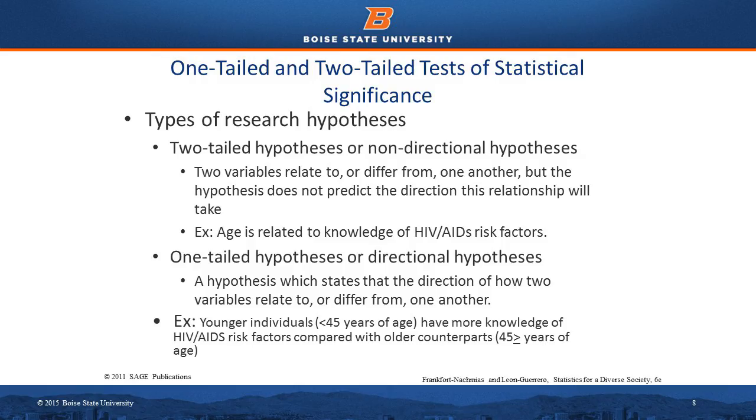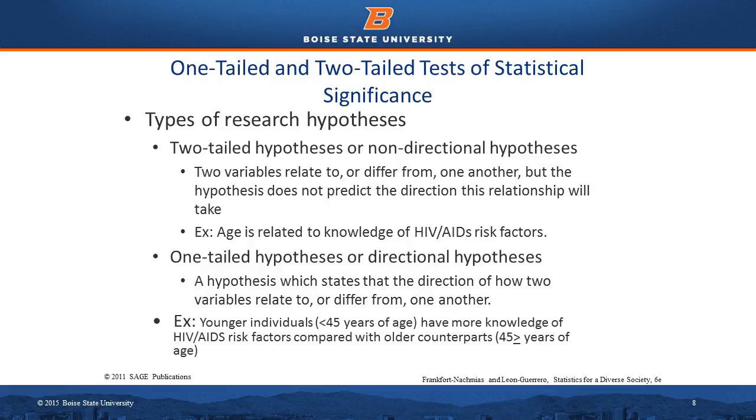There are two types of hypotheses. The first type is a two-tailed hypothesis or non-directional hypothesis. The hypothesis will state that a change or a difference will occur, yet no direction is given. For example, age is related to knowledge of HIV/AIDS risk factors. This hypothesis does not state if an increase or decrease in age increases or decreases knowledge of HIV/AIDS risk factors.